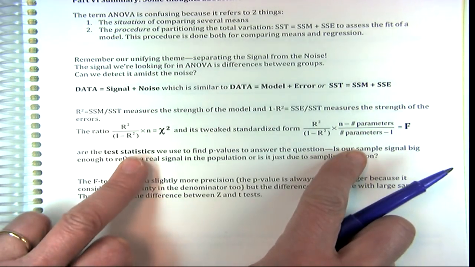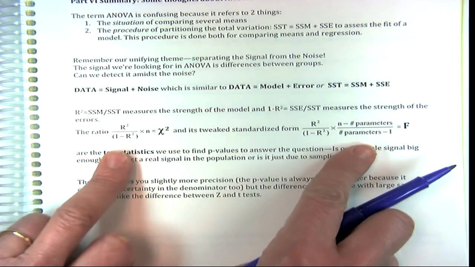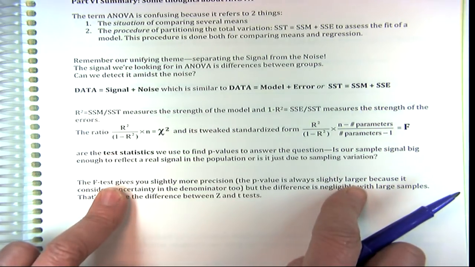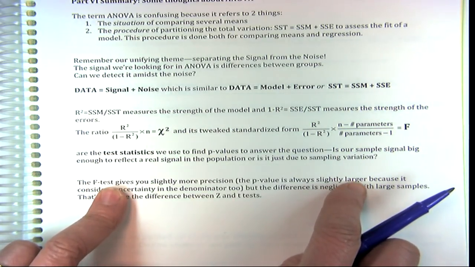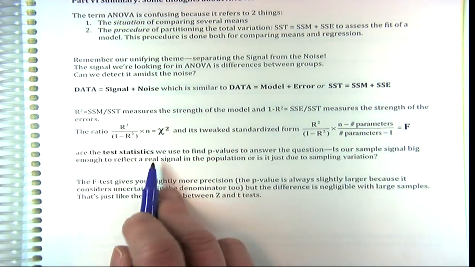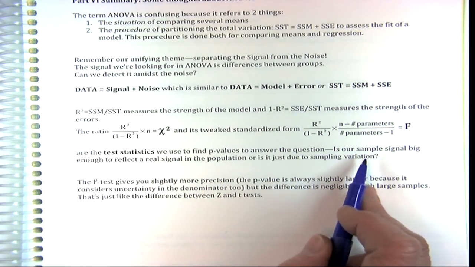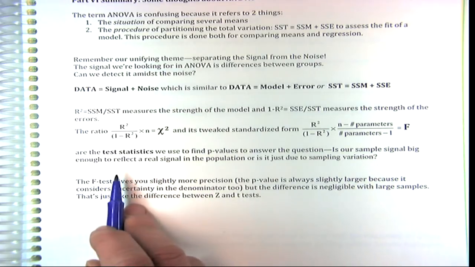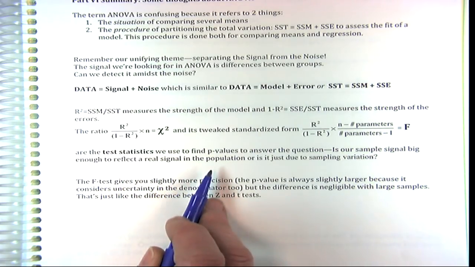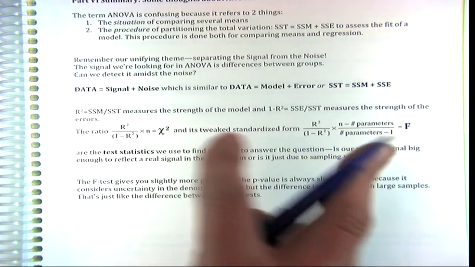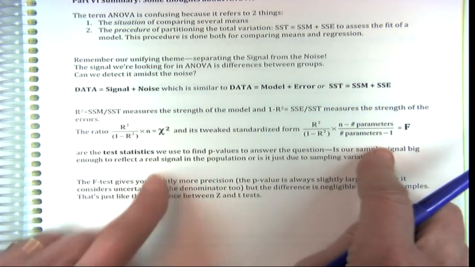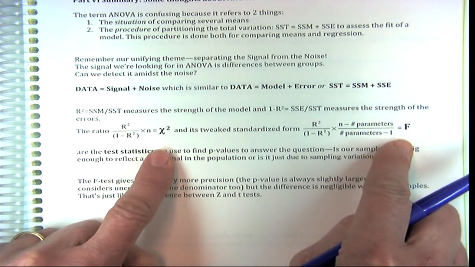Basically, here's your chi-squared and F statistics. And what are those? Those are just the test statistics we use to find p-values to answer the question, is our sample signal big enough to reflect a real signal in the population, or is it just due to chance variation? That's all this is doing. And they're going to yield extremely similar p-values.